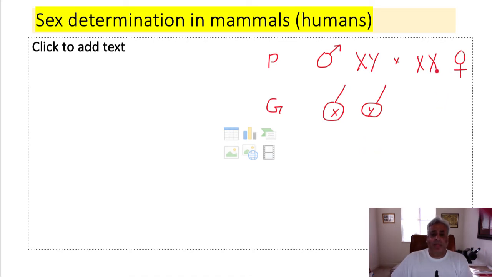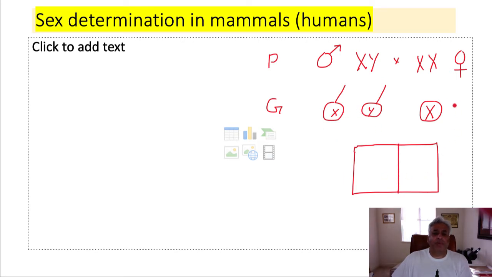The female, on the other hand, only makes one type of egg, and that egg will only contain one of the two X chromosomes, again through meiosis. Now you can see what's going to happen next. When we draw a Punnett square, it will have two columns because we have two types of sperm, but just one row because we only have one class of egg. So we put the mother's egg over here.